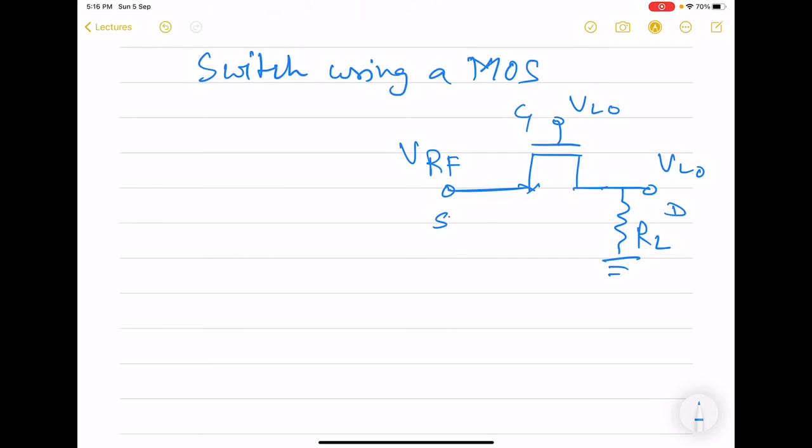So we know that in this case, MOS is going to act as a switch if the LO amplitude is sufficiently large.